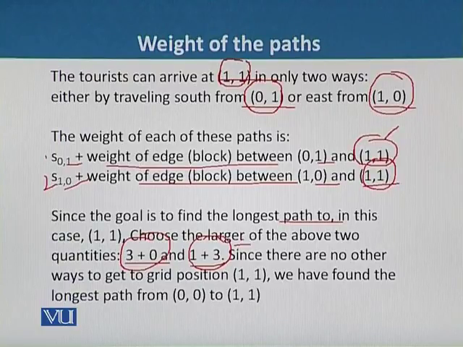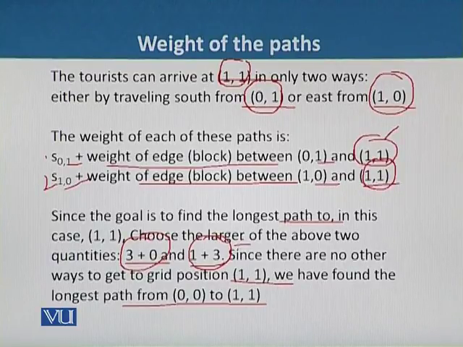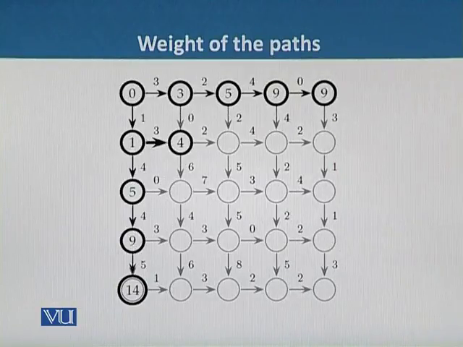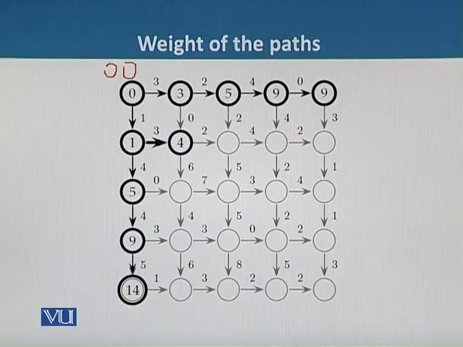And since there are no other ways to get to the grid position 1, 1, we have to find the longest path, that is from 0, 0 to 1, 1. We can see here in this grid also that the tourist is at the source position, that is 0, 0, and has to move to the 1, 1 position.